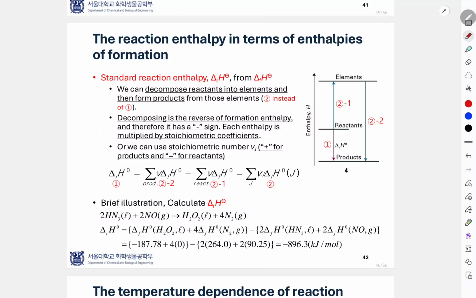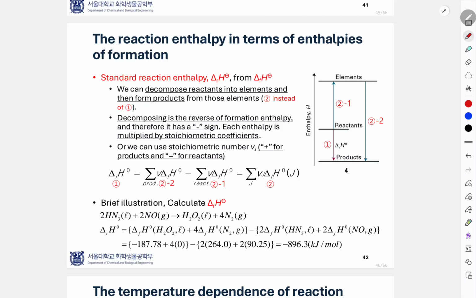Because unforming is the reverse of forming, the enthalpy of an unforming step is the negative. Finally, these enthalpies of formation of the species are multiplied by the stoichiometric coefficients. For example, let's calculate the standard reaction enthalpy of these reactions by the equation above.